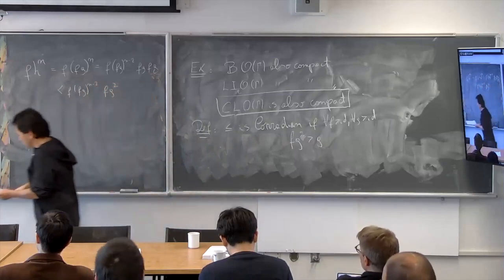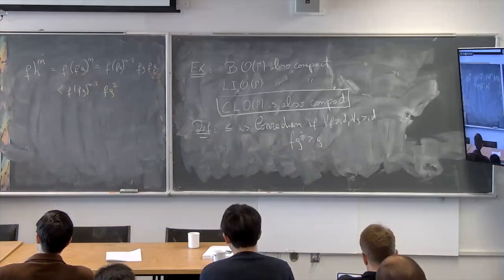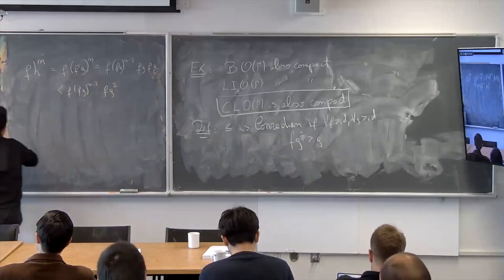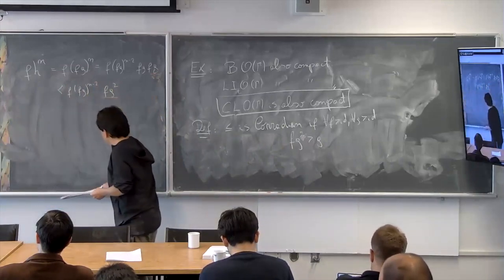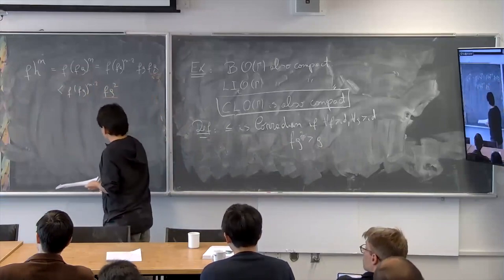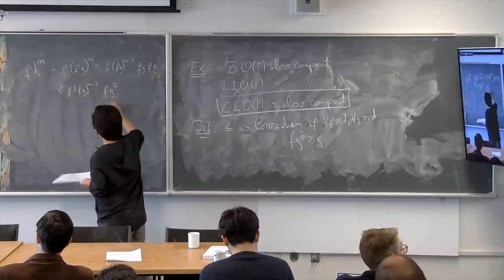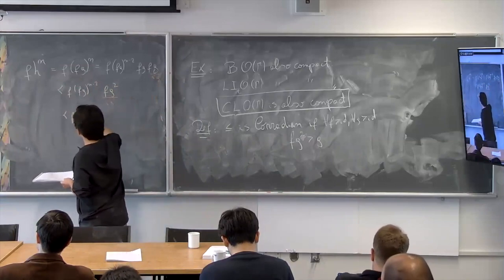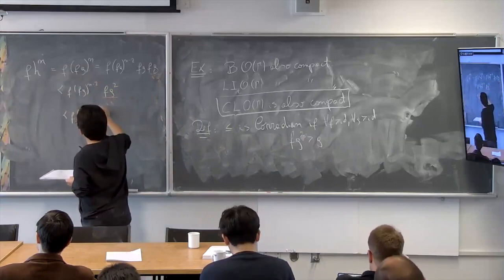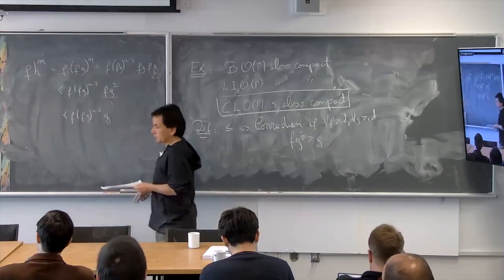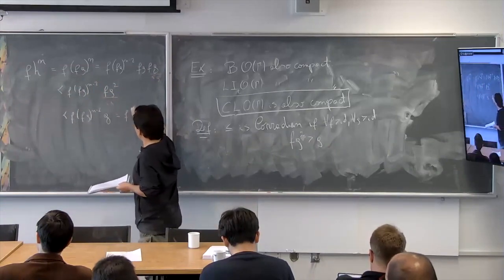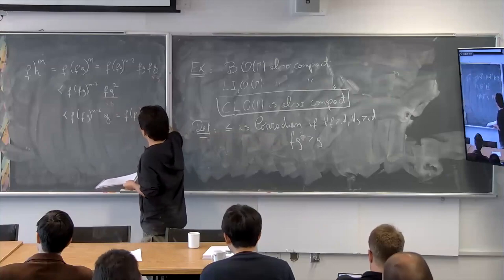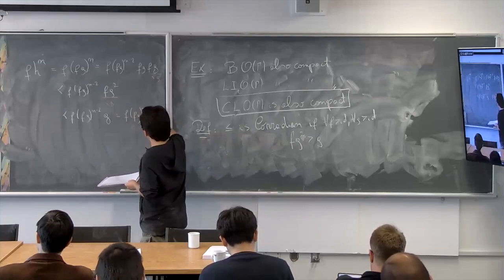But now fg to the square is smaller than g. So I can replace this by g, keeping the inequality. So I get this is smaller than fg minus 2 g, which is equal to fg n minus 1 fg g.